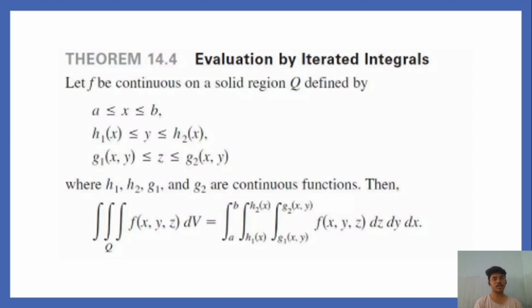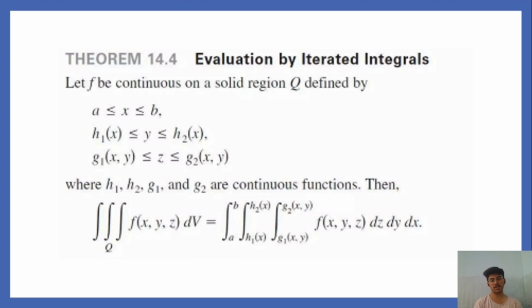So, evaluation by iterated integrals. Let f be continuous on a solid region Q defined by a is less than or equal to x, which is less than or equal to b; h1 of x is less than or equal to y, which is less than or equal to h2 of x; and g1 of x, y is less than or equal to z, which is less than or equal to g2 of x, y, where h1, h2, g1 and g2 are continuous functions.